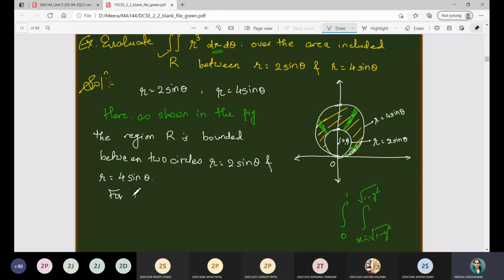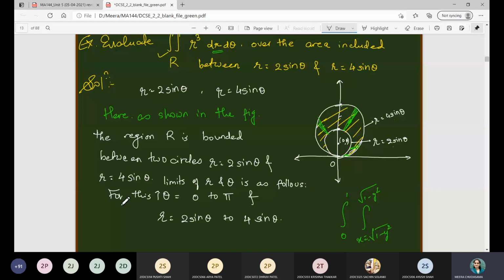For this, theta is equal to 0 to pi and r is equal to 2 sine theta to 4 sine theta. You can write here, the limits of r and theta are as follows. So theta is equal to this one and r is equal to this one.